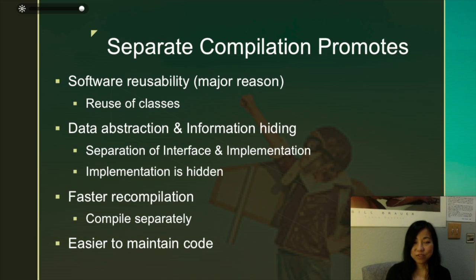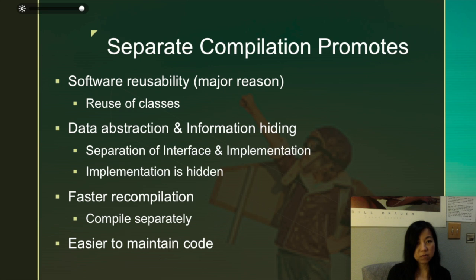Anyways, so separate compilation. Why do we do this? Because it promotes software reusability. That's the major reason why we do this, because we want to be able to reuse the classes. And so that's why we totally separate the classes, the definition and the implementation, from our main program.